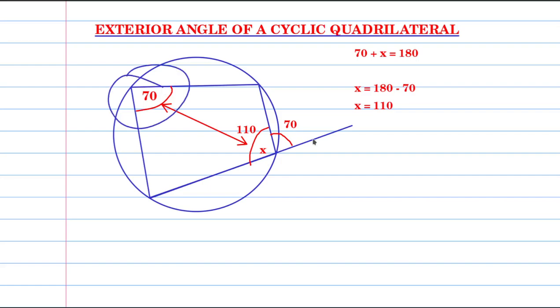This angle is equal to that. This is an exterior angle and this is the interior opposite angle. There is a relationship between the exterior angle together with the interior opposite angle. Now let's try to generalize this theorem.